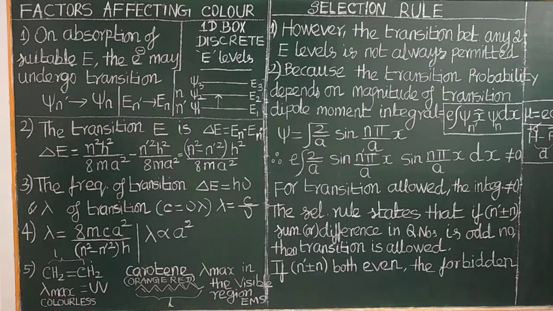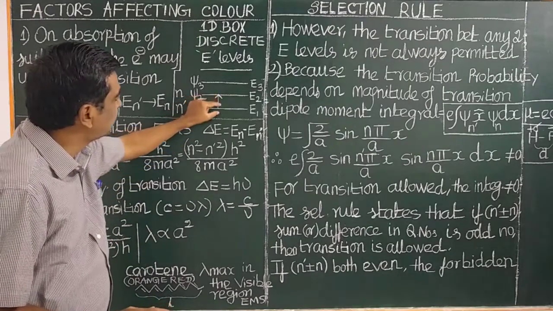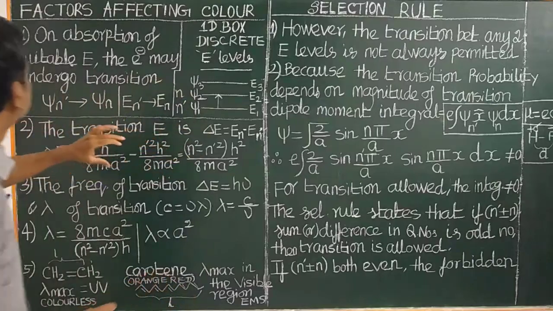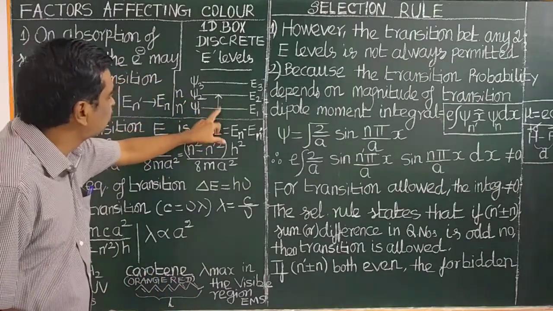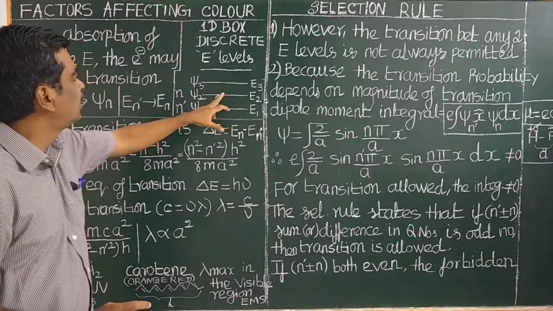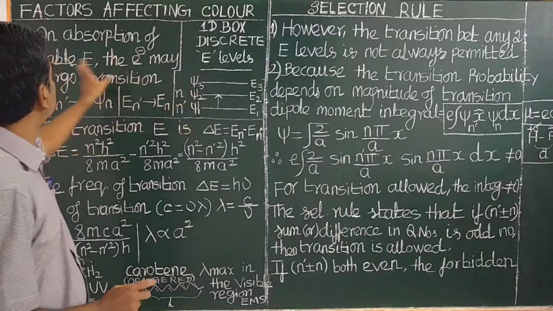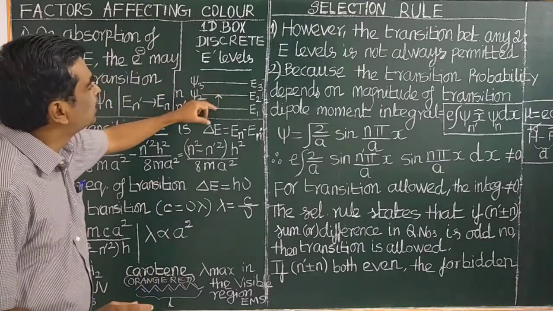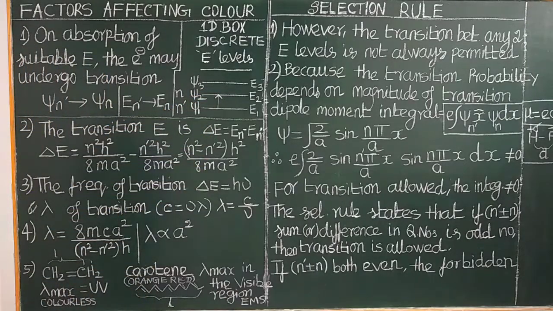Okay. Now, on absorption of suitable light of wavelength or energy delta E, the electron jumps from lower level to higher level, or on emission of suitable wavelength of light, the electron may jump from higher level to lower level.